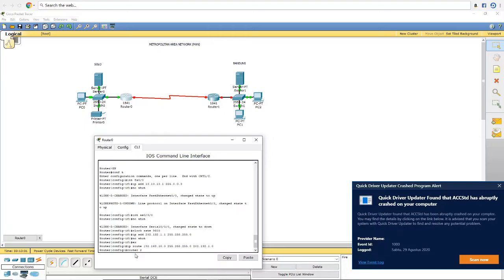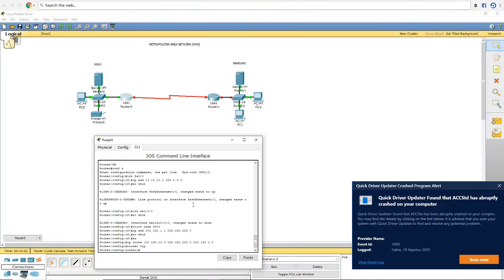The last configuration is router RIP. Network, space, IP address for LAN Bandung.